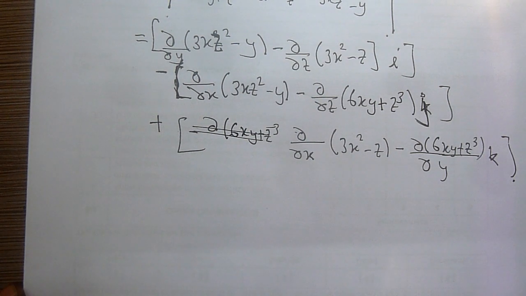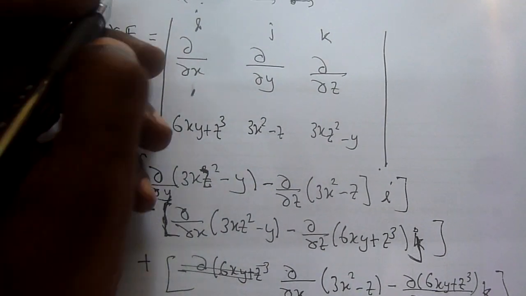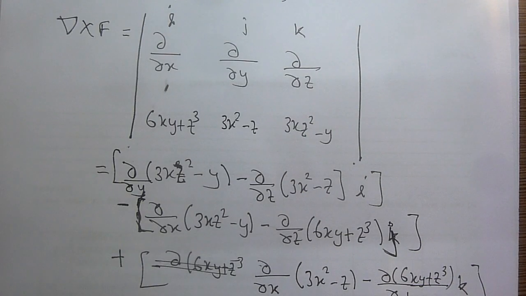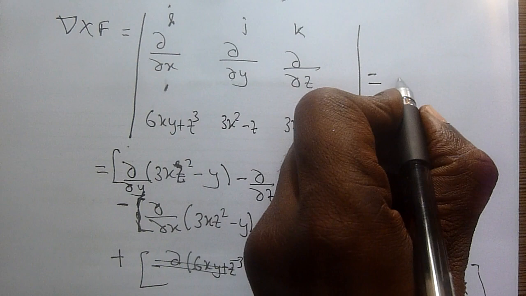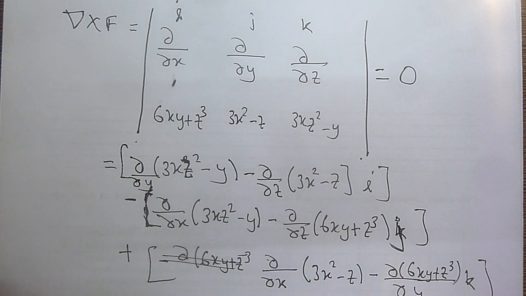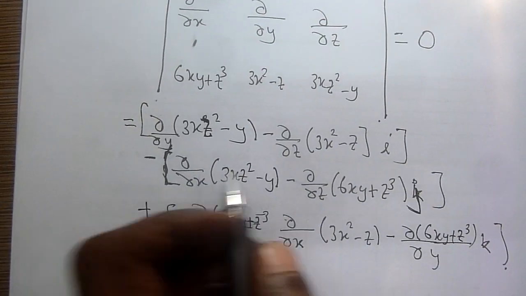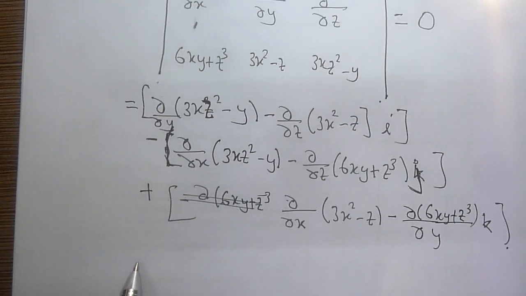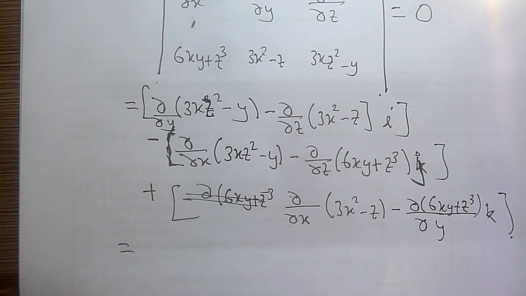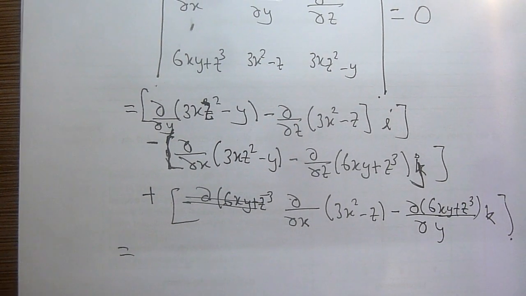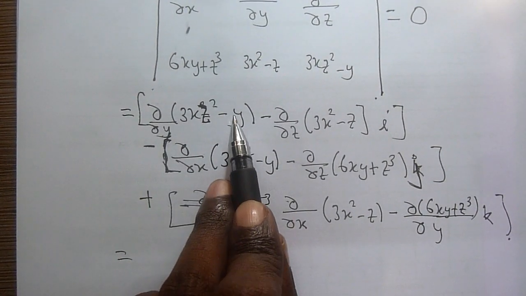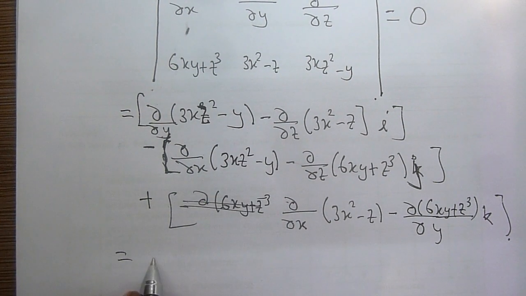Now can we say it's irrotational? If it is irrotational, it should produce an answer equal to 0. Will this answer produce 0? Let us check. When I take del y of this, I will get -1, right?